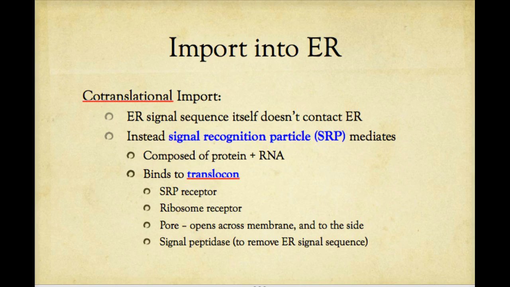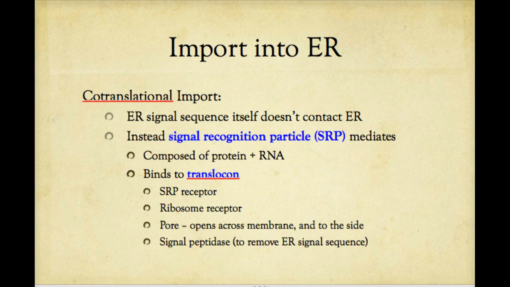Now, interestingly enough, when the ribosome contacts the mRNA and starts the process of translation, the ER signal sequence, the first part of the protein to be translated, never actually comes in contact with the endoplasmic reticulum like you might think it would.